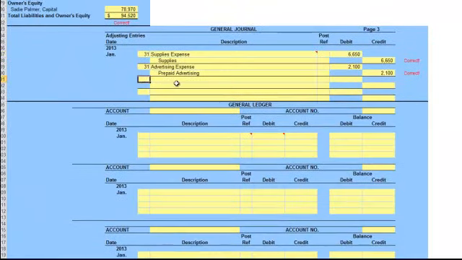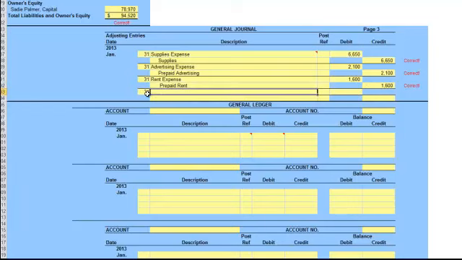Okay, let's keep going. On the 31st, our third adjustment was a debit to rent expense for $1,600 and a credit to prepaid rent for $1,600.